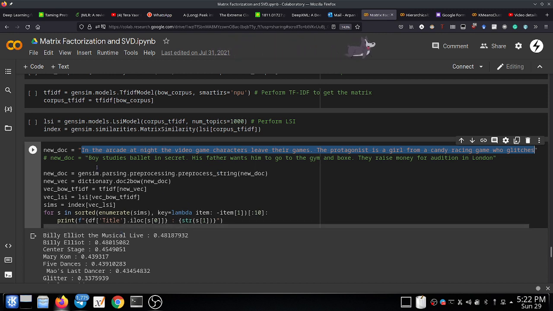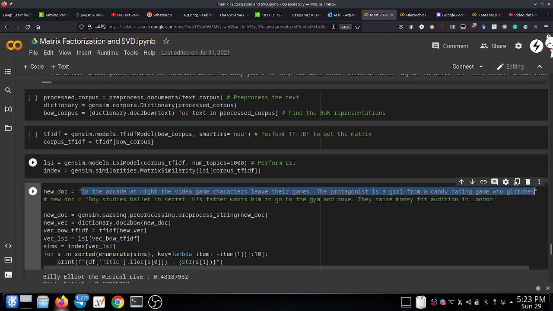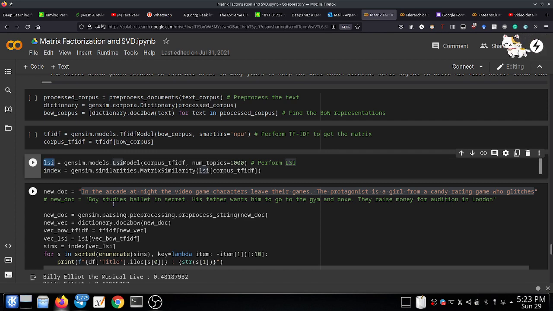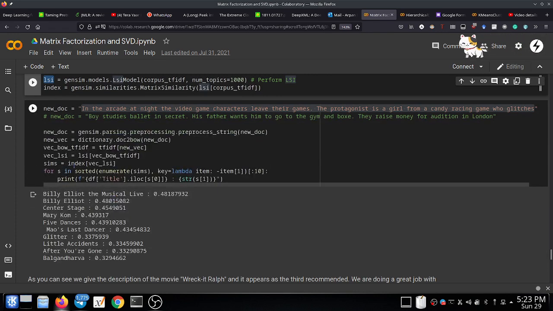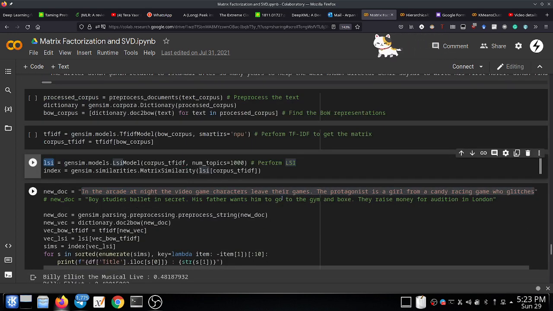Here it's not exactly movie recommendation, but rather which is the closest movie given this movie, and so on. We have performed LSI to form the matrix, and we will be able to use the index to find the closest.